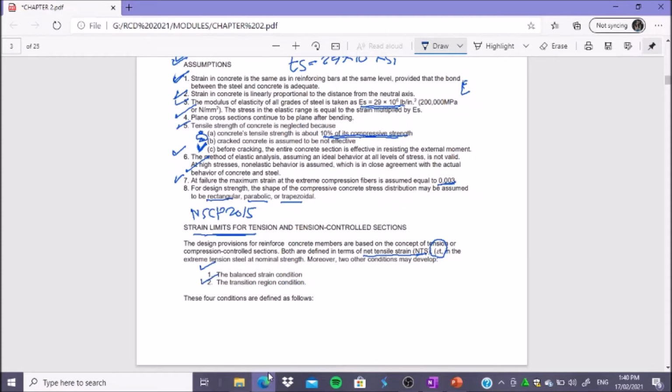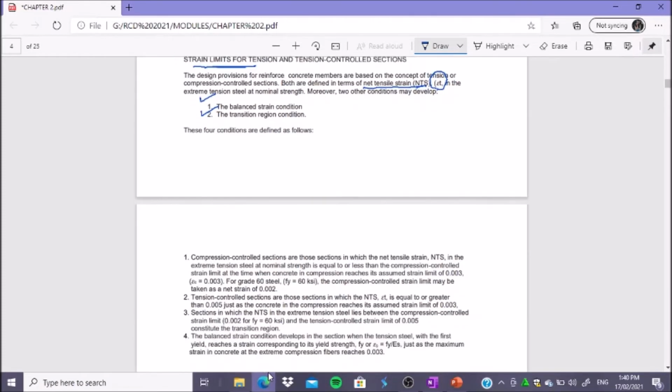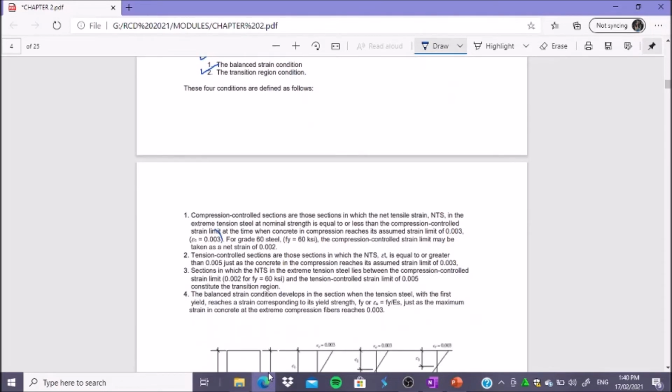So these four conditions are defined. Compression control sections are those sections in which the net tensile strain in the extreme tension steel at nominal strength is equal to or less than the compression-controlled strain limit, at the time when concrete in compression reaches its assumed strain of 0.003.